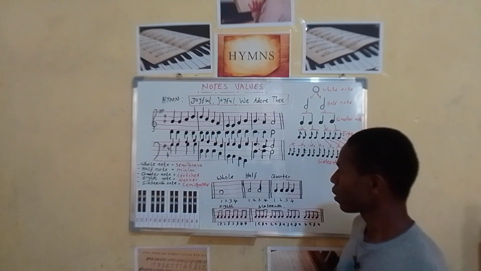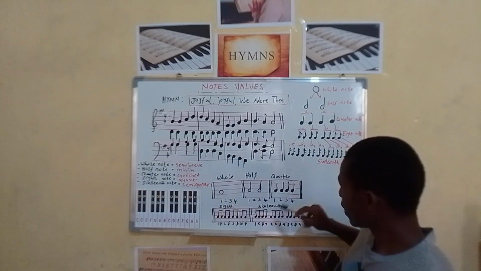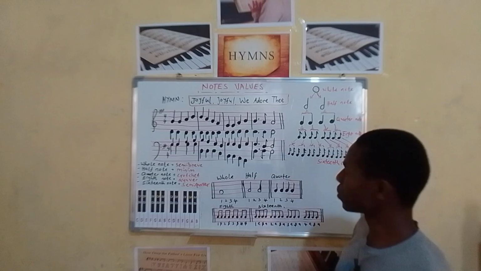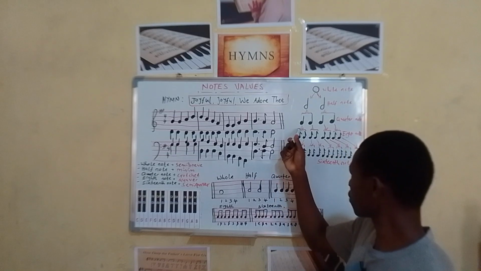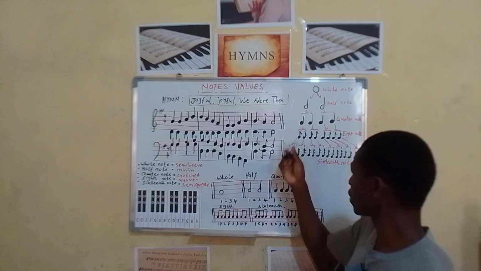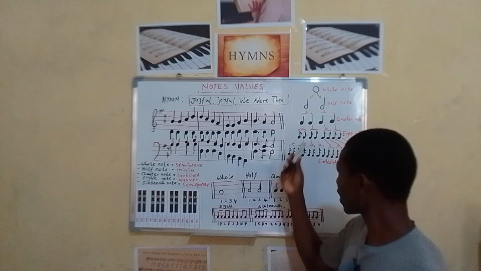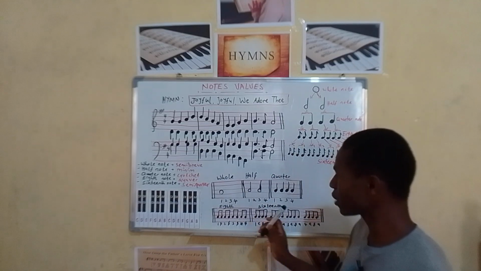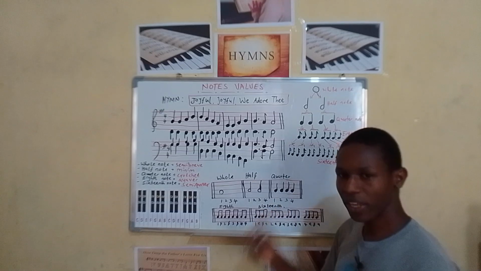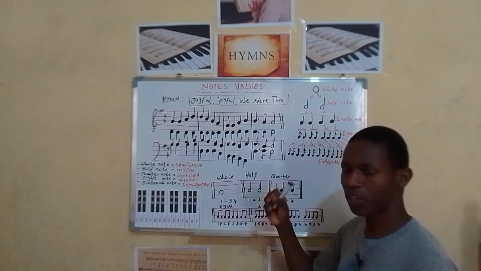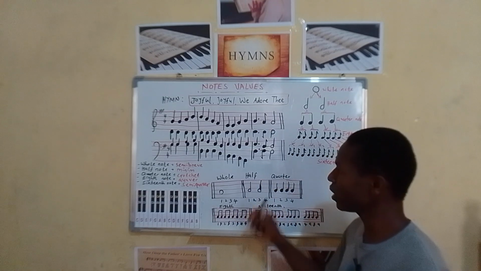We can also subdivide eighth notes into 16th notes. You can see at this point we are dividing eighth notes into 16th notes. Now a 16th note is faster than even eighth notes, in that we are counting like 1 e and a 2 e and a 3 e and a 4 e and a.